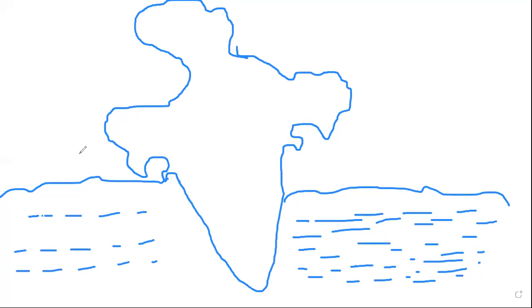Okay. So yesterday I had shown you that the Tropic of Cancer passes just in between the country, dividing the country into two equal parts. Exactly. And that's why the lower part of the country is having subtropical region.